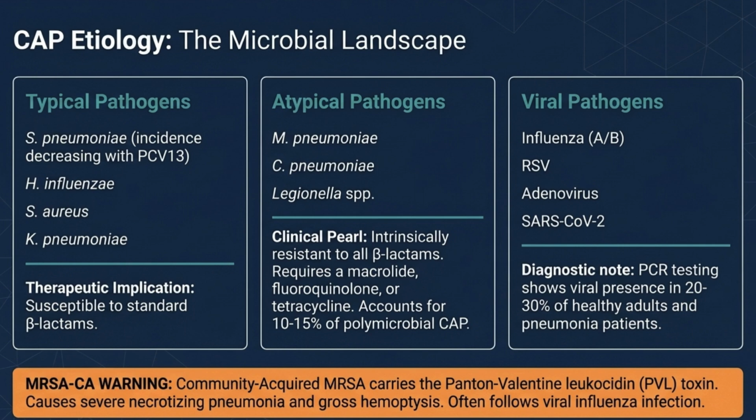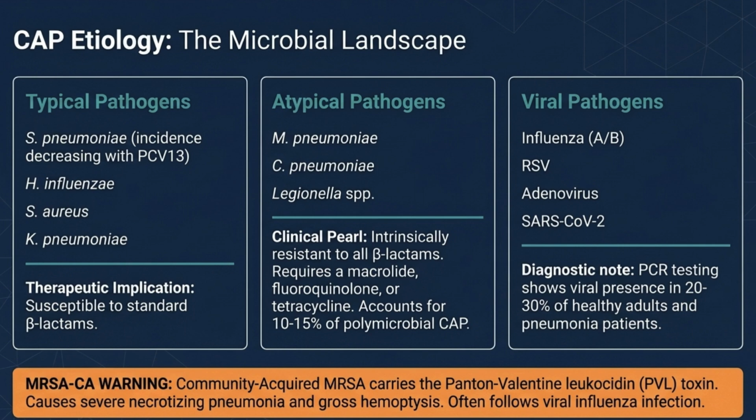You must differentiate typical from atypical pathogens. The typical pathogens, like Streptococcus pneumoniae, which is still the first one, and Haemophilus influenzae, are susceptible to standard beta-lactams.